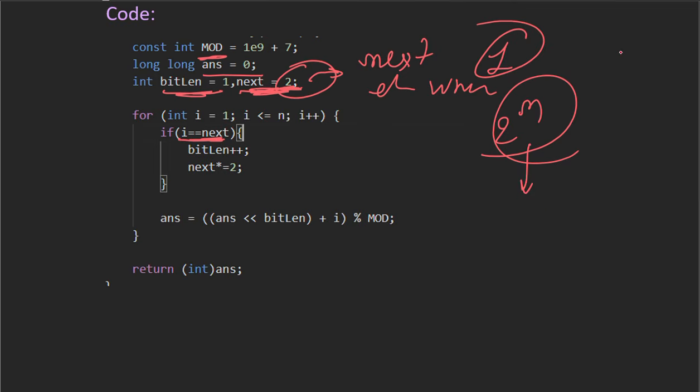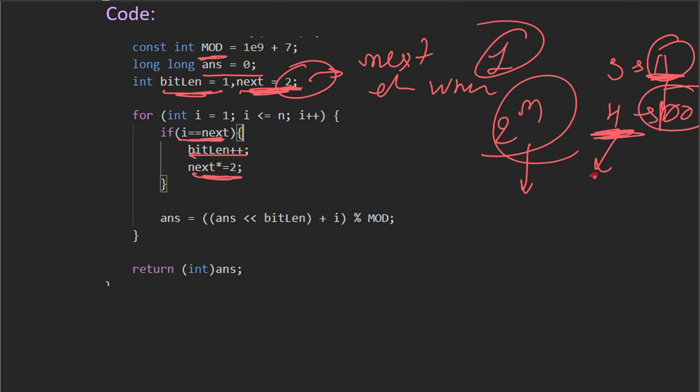Earlier we were at 3, so 3 is written as this, and then we move to 4. 4 is a power of 2, so our bit length here is 2, and we have to increase it from 2 to 3. So we increase the bit length by one and update our next element. Earlier our next was 4, so we make it 8, right?